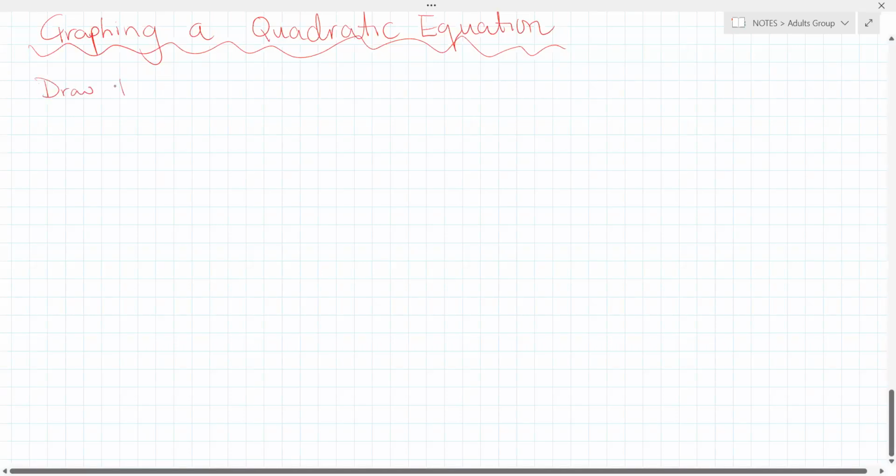Draw the following graph of the function x squared plus 2x minus 3, and they said the domain.